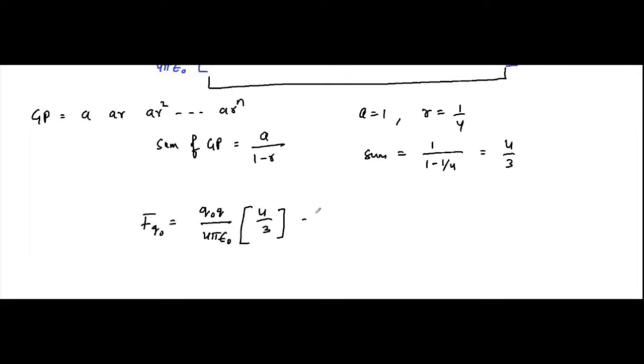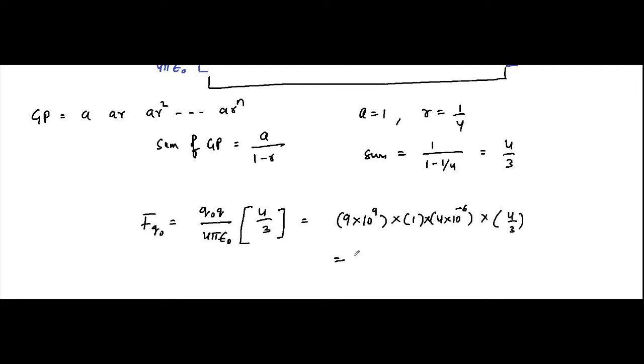We'll substitute the values. 1 by 4 pi epsilon 0 is 9 into 10 to the power 9. Q0 is equal to 1 coulomb. Q is equal to 4 into 10 to the power minus 6 coulomb, 4 microcoulomb, into 4 by 3.